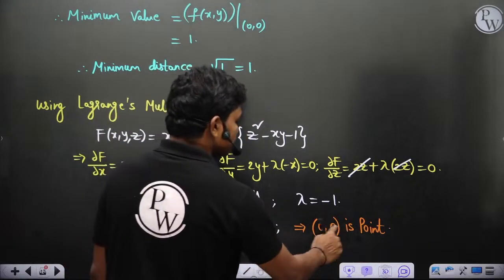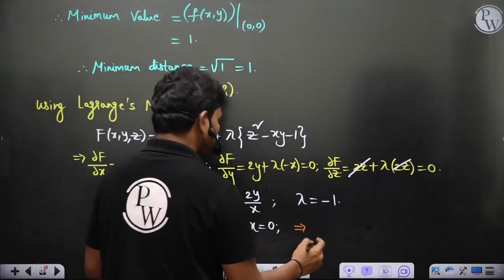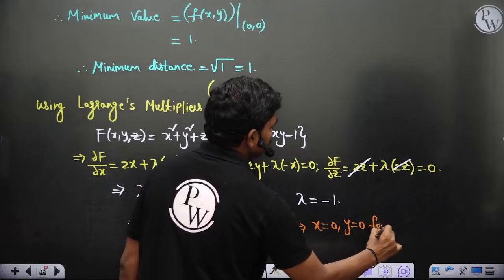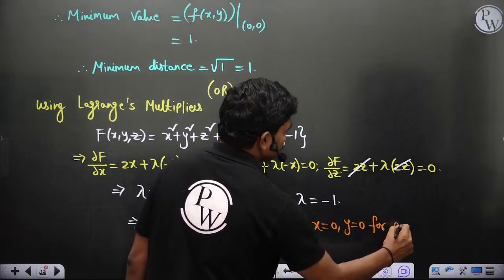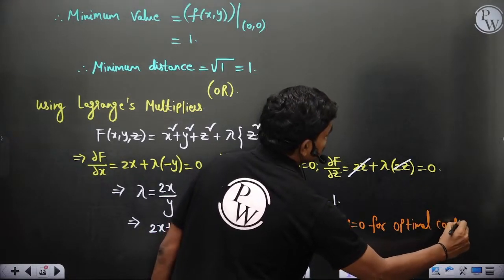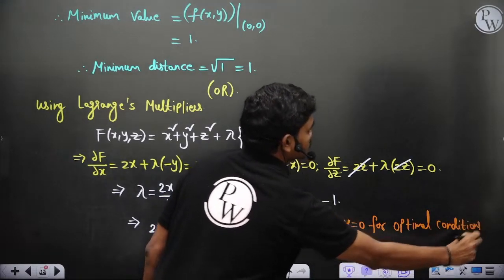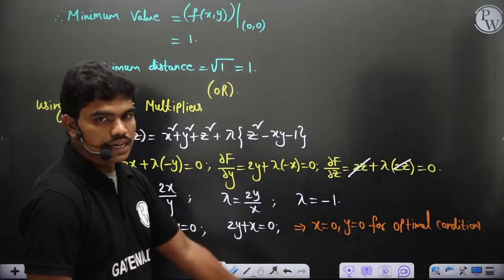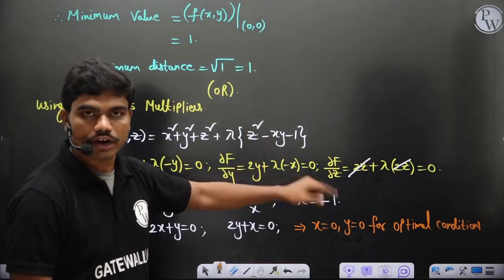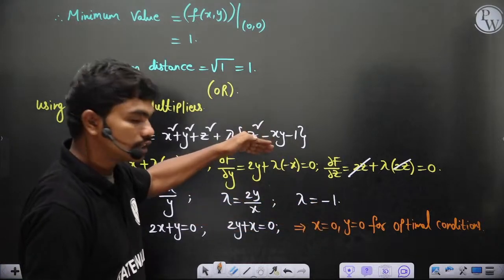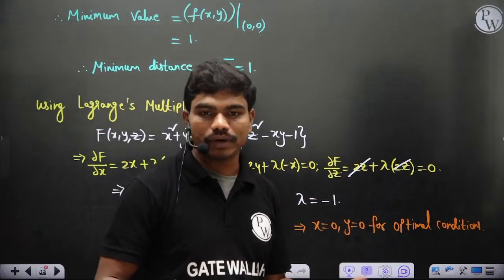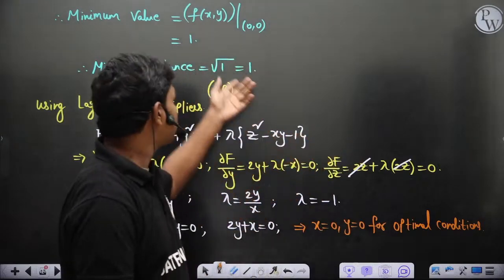So x equal to 0 and y equal to 0 for optimal condition. Once you get the relations, in this particular example you got the values as well. You substitute these values in the constraint phi of x y z equal to constant. If you put x equal to 0 and y equal to 0, z always turns out to be plus or minus 1, so the answer would remain 1 actually.